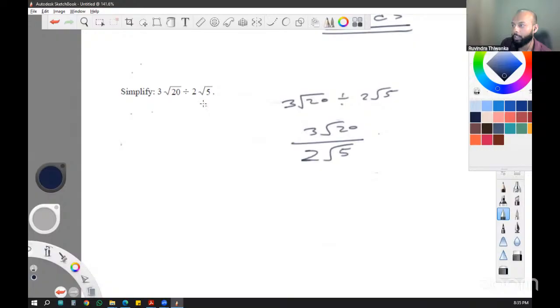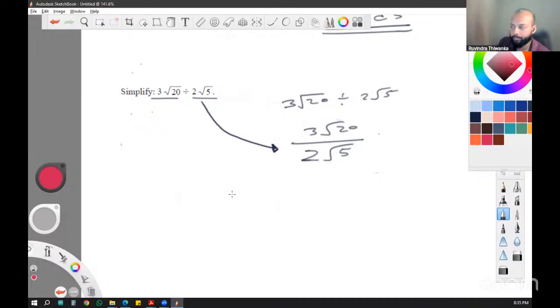Okay. So we can write this in fraction format like this. Division means we are going to divide this number by this value. Just consider like 10 divided by 2. So first thing, if you write like this, then you can see a clear image of how to simplify it.